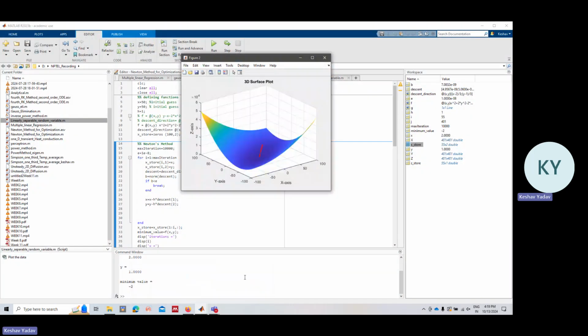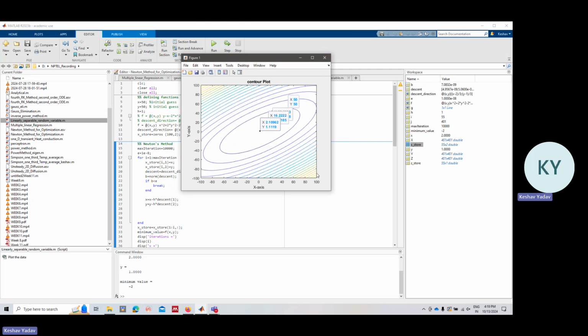If you see in the 3D, in 3D it has been started from here and it goes like that. Okay.